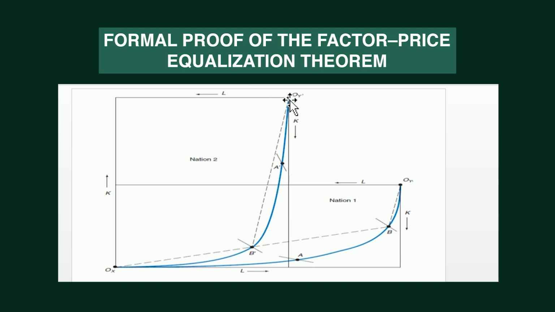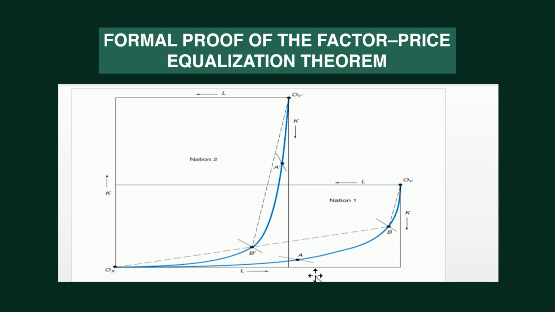So for nation 2, as we move downward, good Y increases, and as we move leftward, good X decreases. For country 1, as we move rightward, good X increases, and as we move upward, good Y increases. Now the countries in a no trade situation are producing at point A for country 1 and A dash for country 2 for the given relative price ratios.